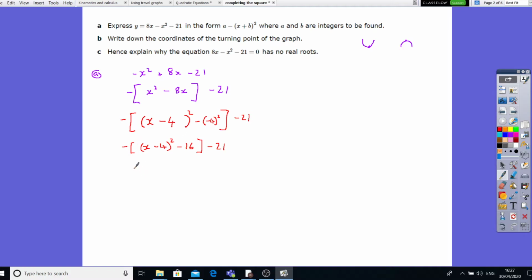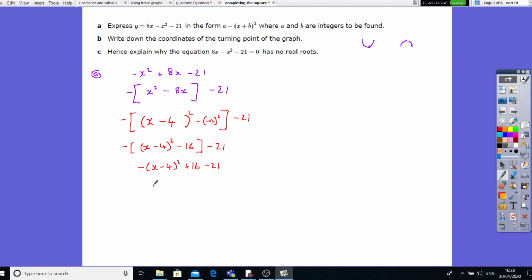So get rid of these square brackets and multiply everything by minus, so you end up with minus x minus 4 in the bracket squared, and two negatives make a positive, so that becomes plus 16, and then minus 21. Plus 16 minus 21, we're going to end up with minus 5 here.